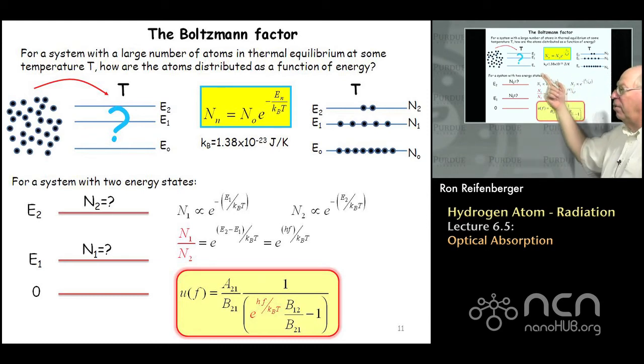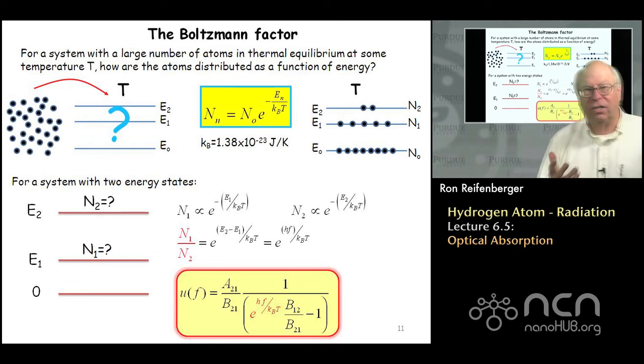So the answer is they distribute themselves exponentially with temperature, according to this equation. It just means there's always more atoms in the ground state, and fewer atoms as the energy goes up, decreasing exponentially with E sub n over k Boltzmann T.